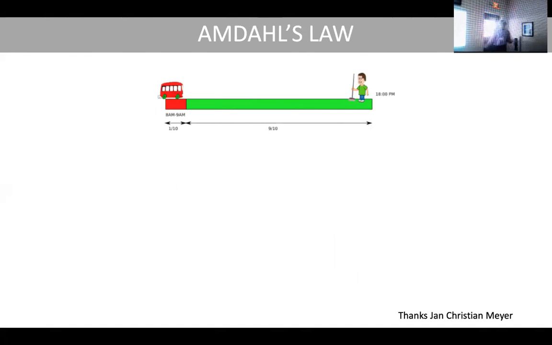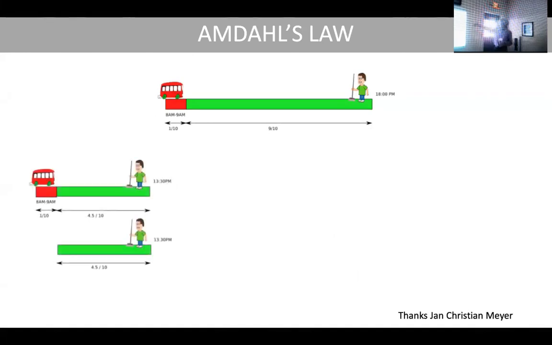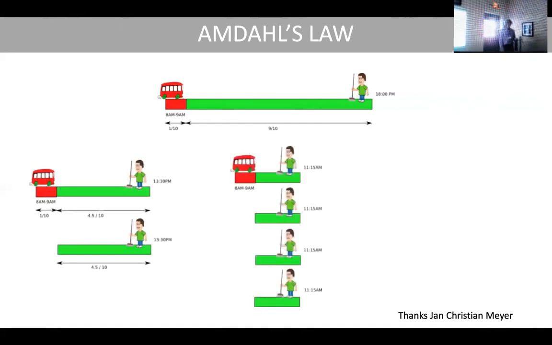But if you have friends who can help you, you can divide the task up, and it takes less time. And if you have more friends, it takes even less time. But the thing that's interesting about Amdahl's law, which tells you how much more efficient your process gets as you parallelize it, is that this little bit, the part about getting to the spot, never changes.